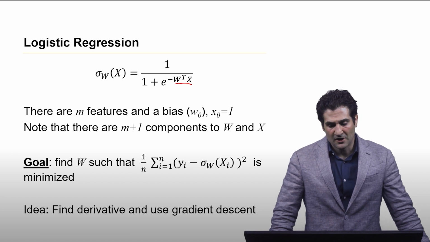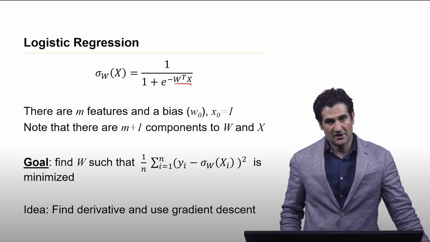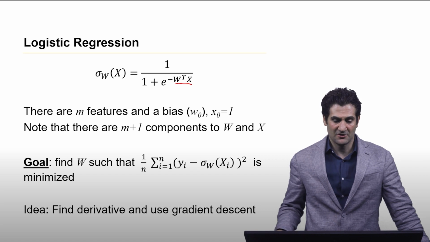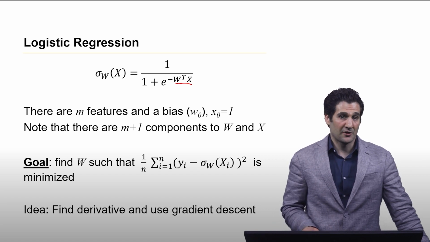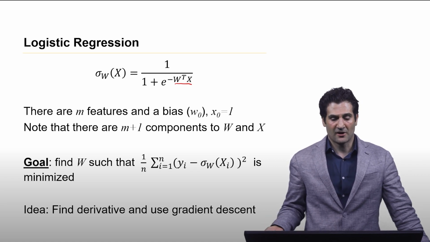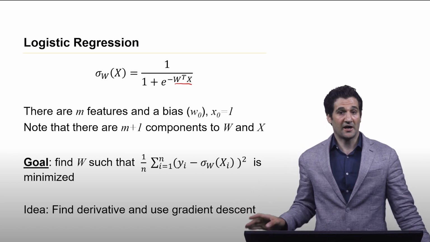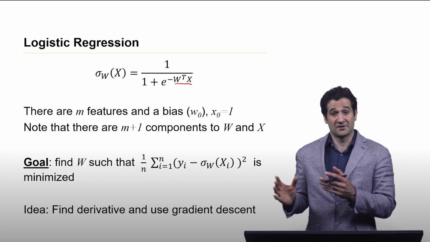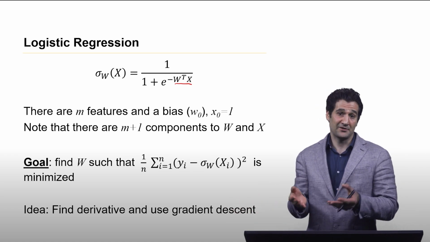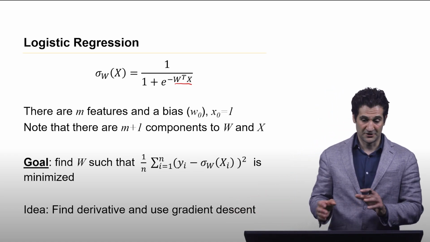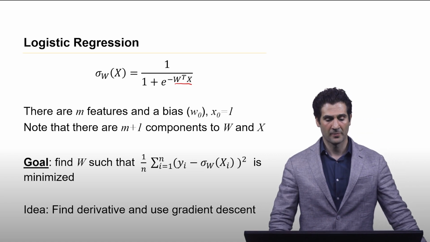But just like with everything else that we've talked about in the class that's feature-based, we have m number of features. However, there are m plus 1 components in w and x. We will treat x0 as being a 1 because w0 is our bias. That's what's positioning the function on the graph.